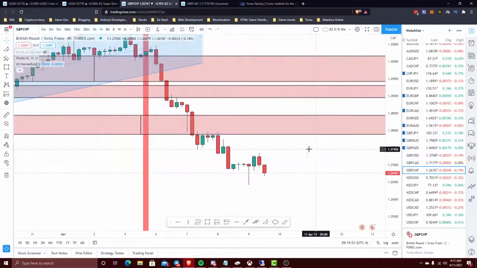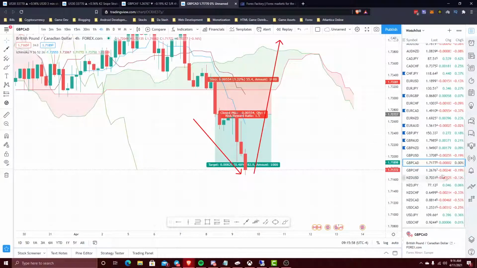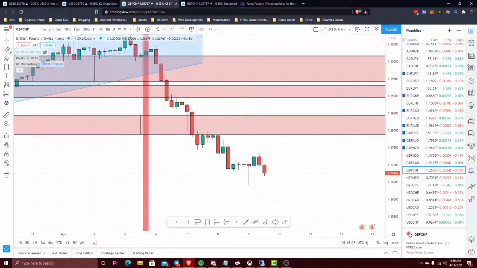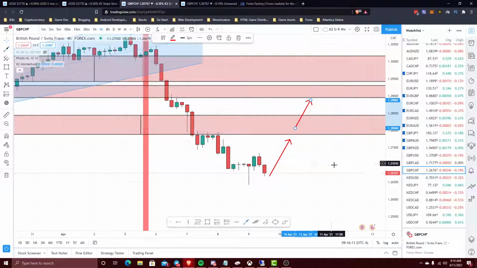So let's go to the next one. Same thing with GBP CHF. If we go here, nice little downtrend, but it's going to have to retrace. So what I think it's going to do is come back up to this point here, and it may continue past this zone before heading down.